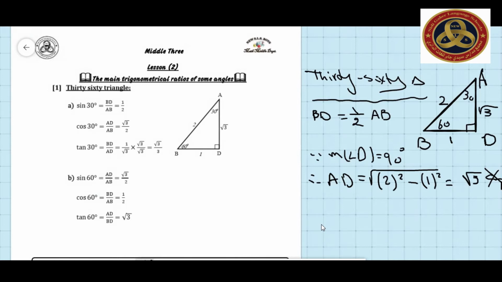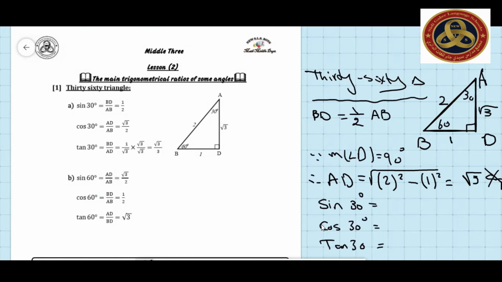From these ratios, I can get sine angle A first, which is sine 30, and I can get cosine 30, and I can get tan 30 from the calculator.